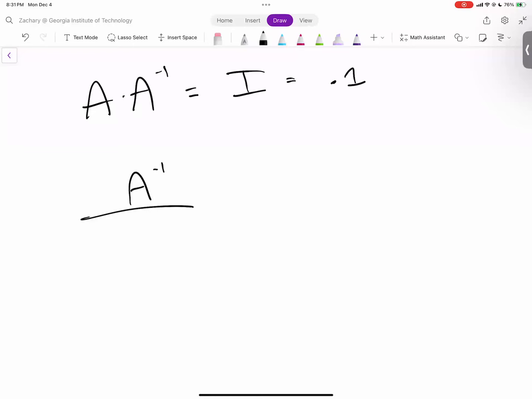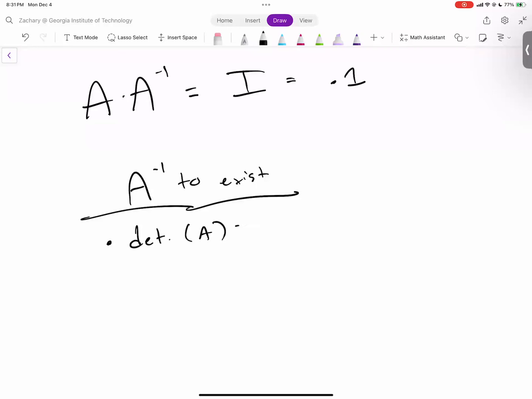So some things about A inverse. If A is invertible, then A inverse exists. For A inverse to exist, we must determine if it's invertible, and we determine that with a determinant, which I'm going to abbreviate to DET, because I forget how to spell it.